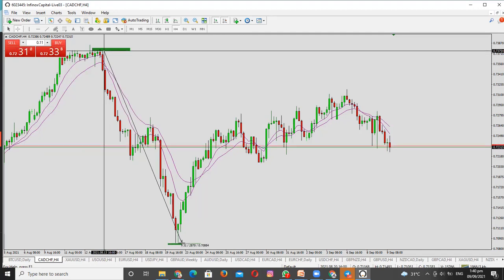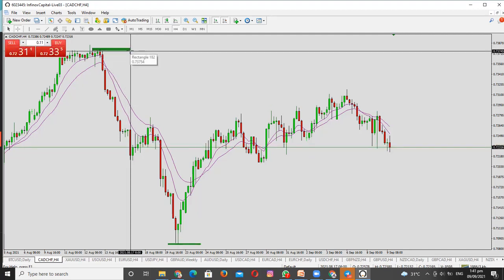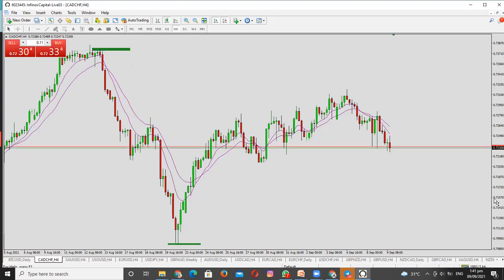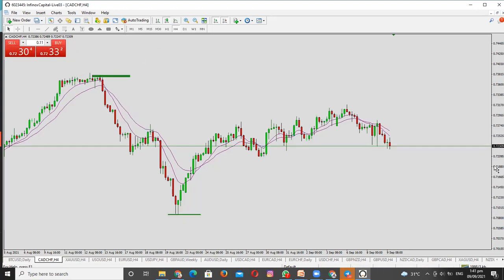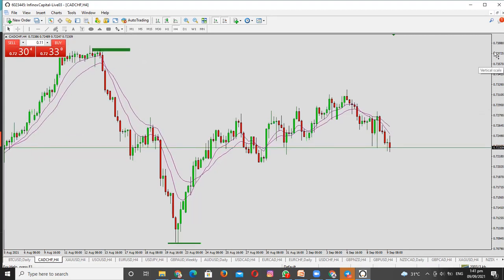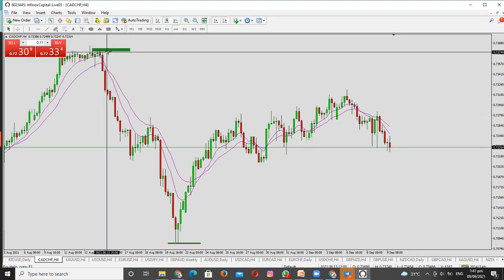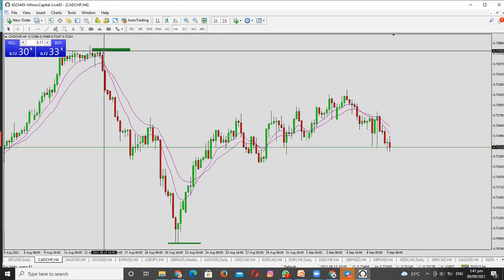You can see that we have 31 slash 2879, slash the price level where the fall stopped. If you click from here, you notice we have the price level. At the right side of my screen, you'll see prices are listed just right here. So if you want to know how many pips the Canadian dollar fell to the Swiss franc, all you need to do is click from the top and drag it all the way down to where the fall stopped.